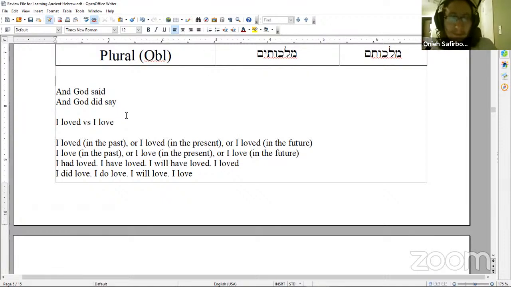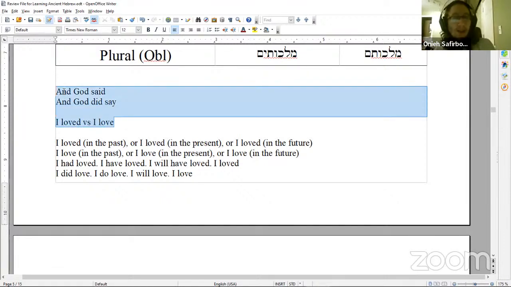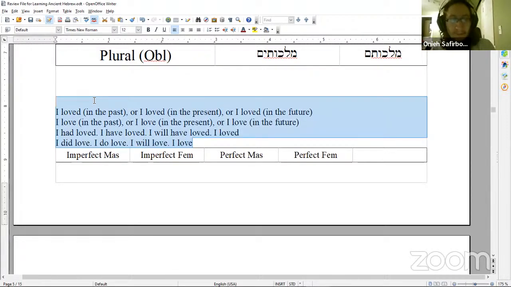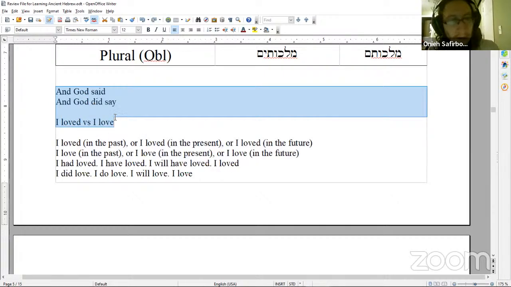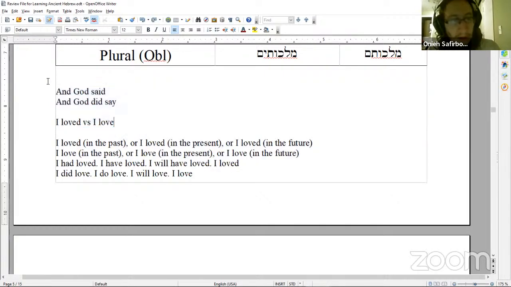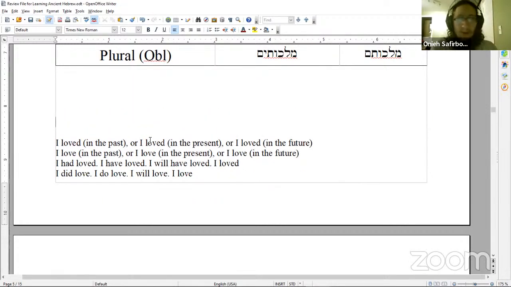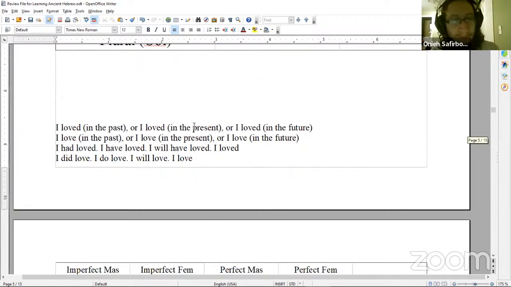So let's try to distinguish between the two types of forms here. Maybe I'll save this for you guys in the file so you can tell the difference. Okay, let's see.